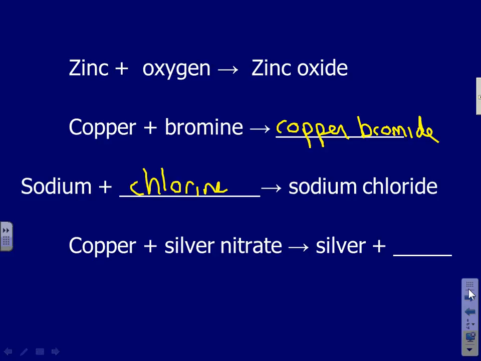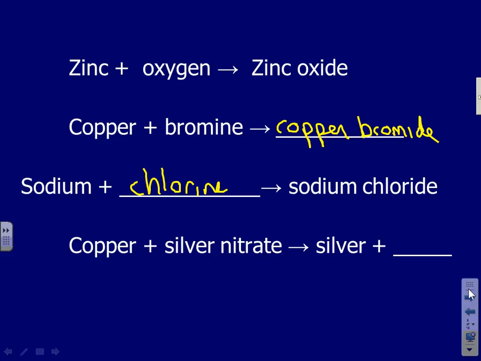Now for the last one, it's a little tricky. We've got some copper, and then we've got some silver nitrate. In the end, one of the products is silver, and to be honest, my line is not nearly long enough there for my answer. What do you think has to be left after that particular scenario? What do you think, Cade? Yeah, it's copper nitrate.